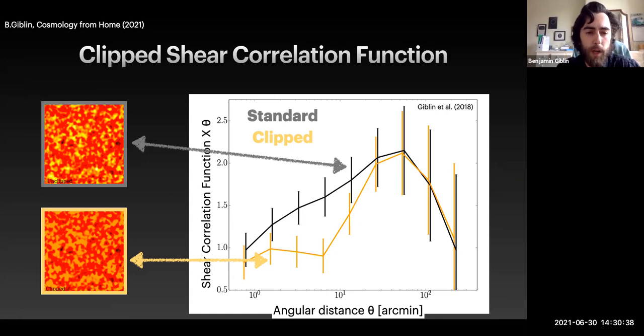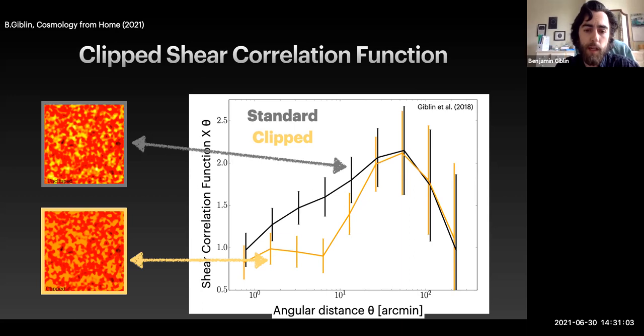The upper map is what we call the unclipped map. It contains all of the signal, including the high density small stuff. The lower map is what we call the clipped map. It is basically the same map, except that the signal in the high density regions has been suppressed with this transformation called clipping.